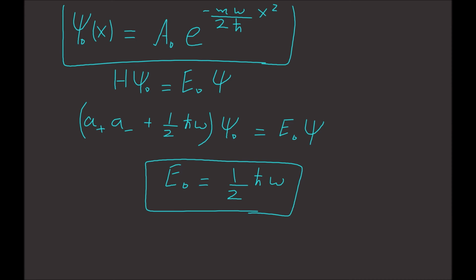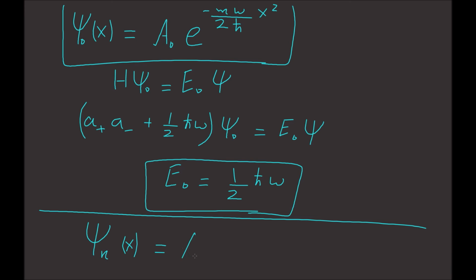Okay, so now if you want to find the general solution for the wave function for the Schrödinger equation for the harmonic oscillator, we have the wave function of the nth order, psi n of x, equal to some normalization constant a of n times a plus to the nth order.